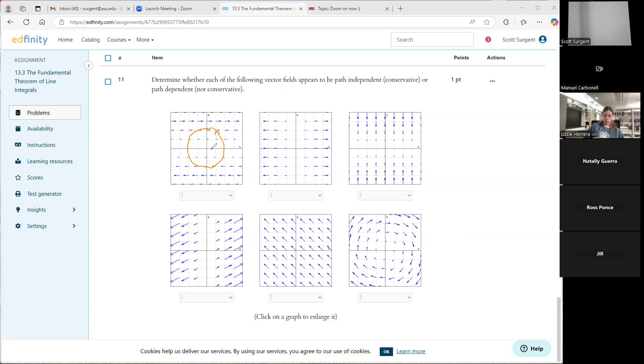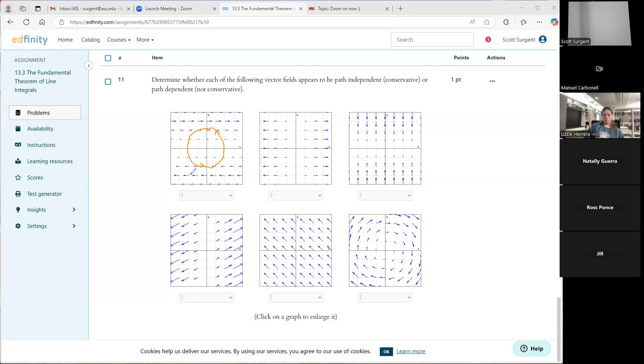It seems that this circle, if you go in the counterclockwise direction, up here kind of works against the vector field, and it's also working against the vector field down here. It's always working against the vector field. Do you notice that on this one?